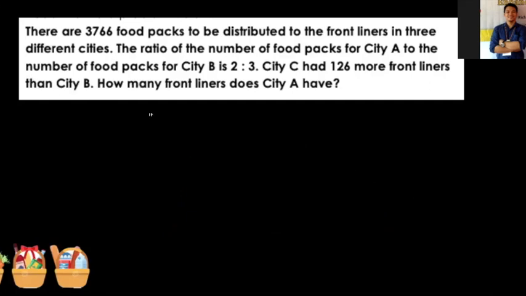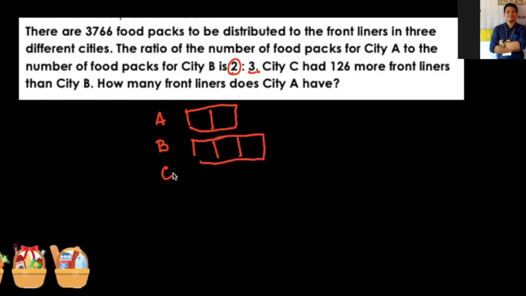So this is a 3 quantity problem because you have City A, B, and C. City A corresponds to 2 units. City B corresponds to 3. But City C does not have any given units in the problem.